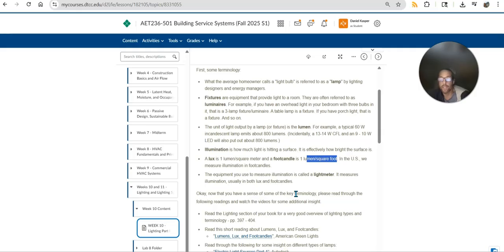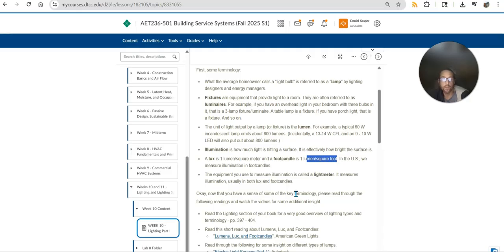And then something like a lab space or a classroom, an office, you're probably looking closer to 40, 50, maybe as low as 30 foot candles. But then a hallway and a parking lot, you can have down to around 20. A bathroom, like it just depends on the application.